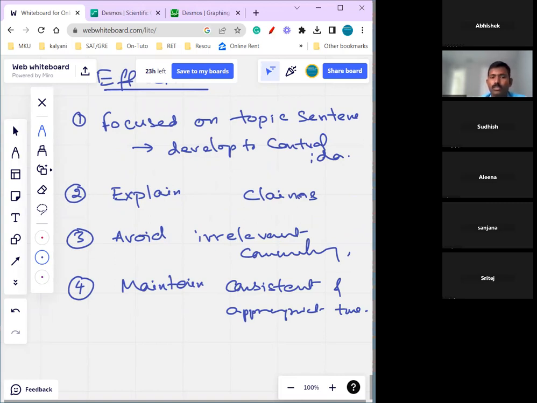It should focus on a topic sentence that should develop the central idea and also explain the claims and illustrate them. Also avoid any unnecessary information or commentaries, and also maintain a consistent and appropriate tone.